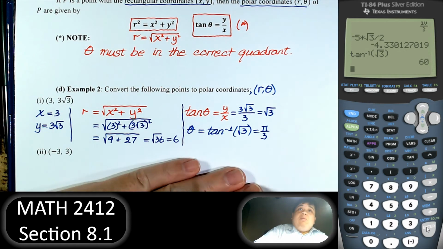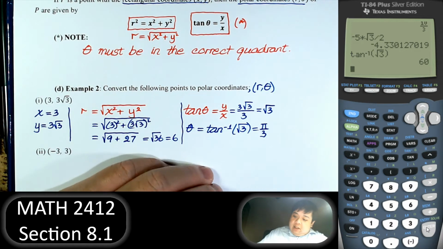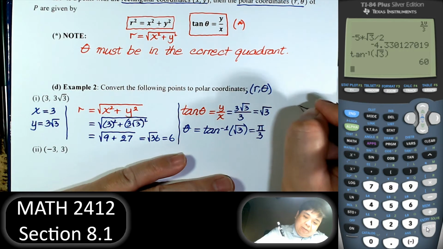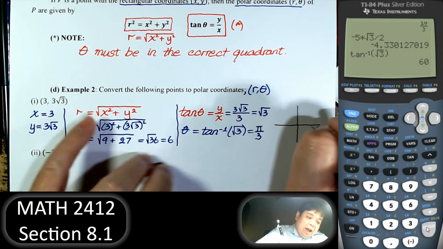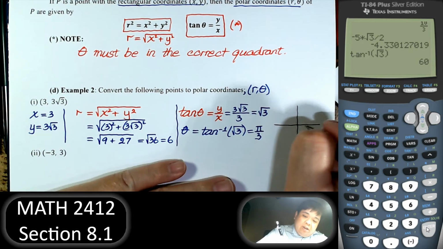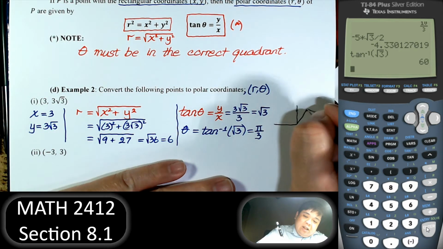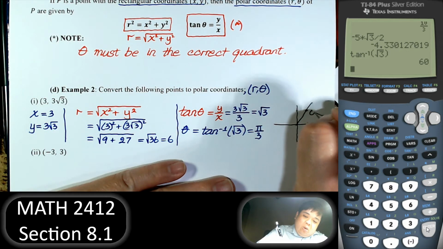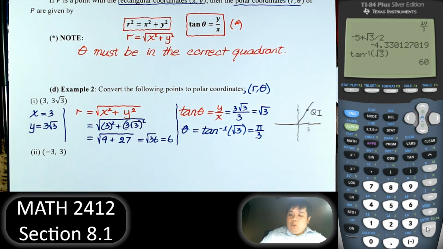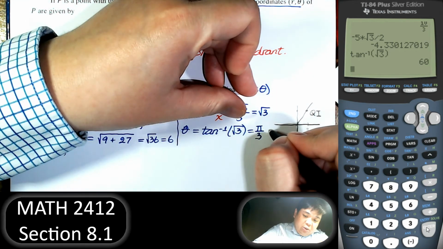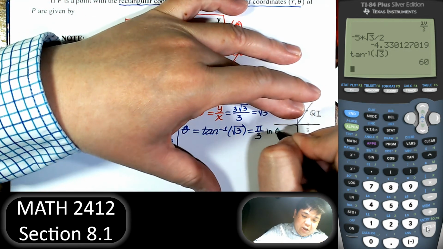Right. Before we answer, we just need to check. x is positive, y is positive. x is 3, y is 3 square root of 3, so yes, this point is in quadrant 1. And we have pi over 3, which is in quadrant 1. So before we write, make sure that it checks.